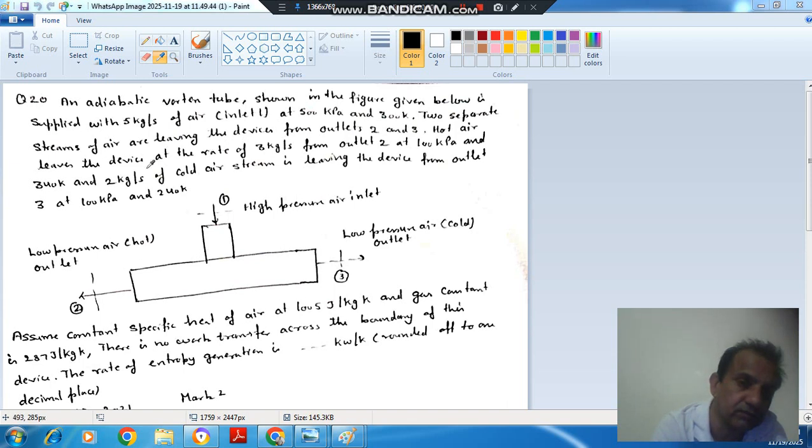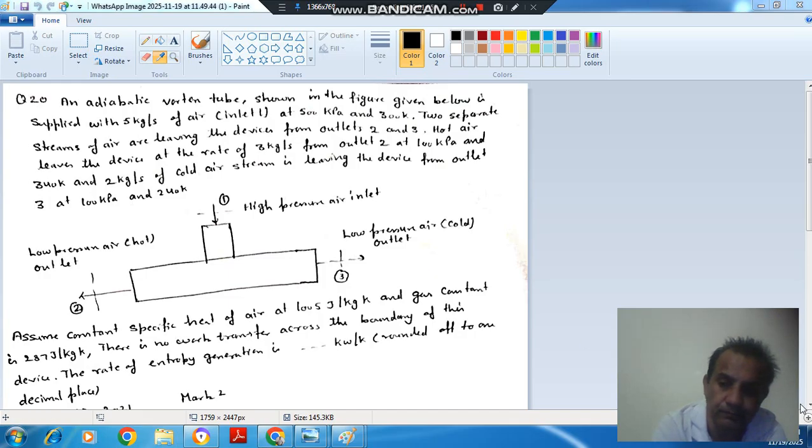Hot air leaves the device at the rate of 3 kg per second from outlet 2 at 100 kPa and 340 Kelvin, and 2 kg per second of cold air stream is leaving the device from outlet 3 at 100 kPa and 240 Kelvin.